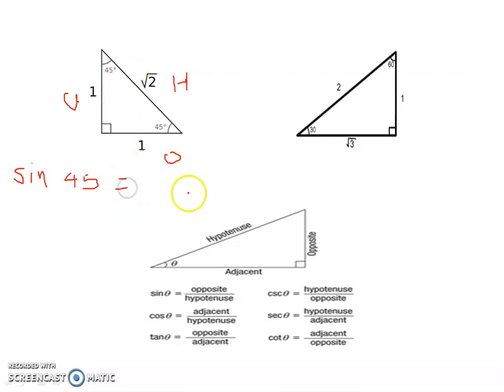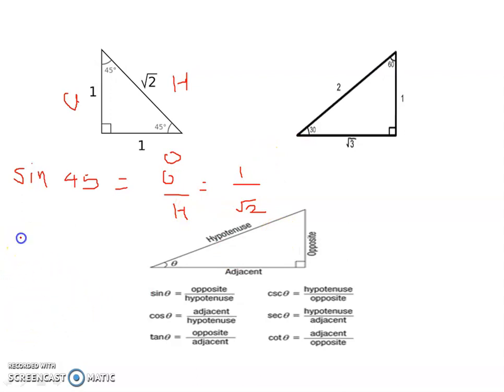So sine 45 is opposite upon hypotenuse. The opposite side is obviously 1, upon hypotenuse, which is root 2. So sine 45 from this diagram is 1 upon root 2.